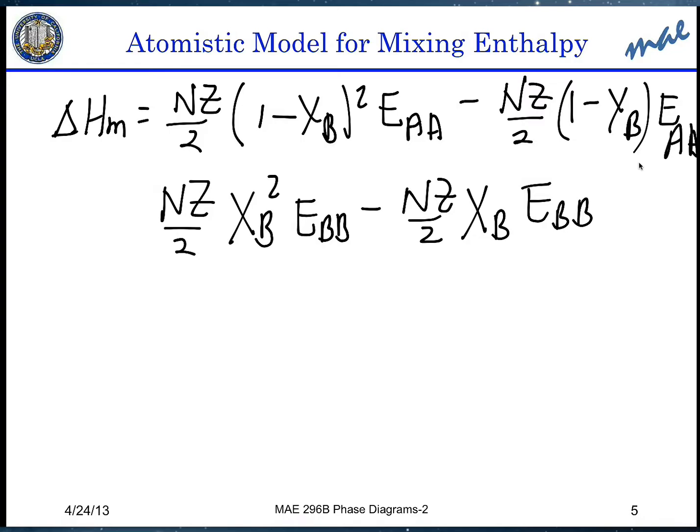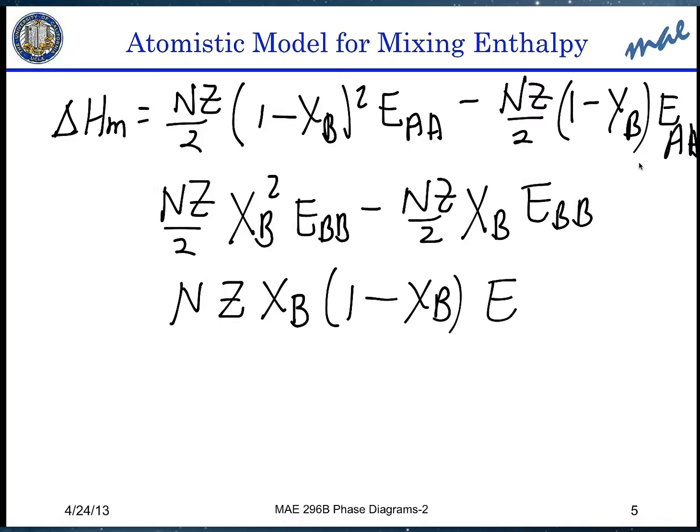The only term left that is in the mixed state that doesn't have a corresponding one in the pure state is the AB bond. So NZ over 2 times XB times XA, and XA is 1 minus XB, times EAB.